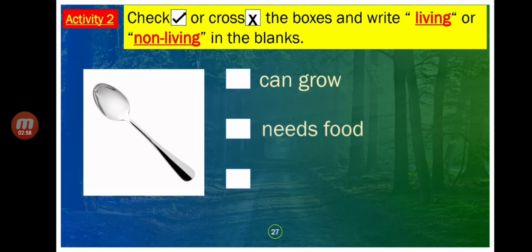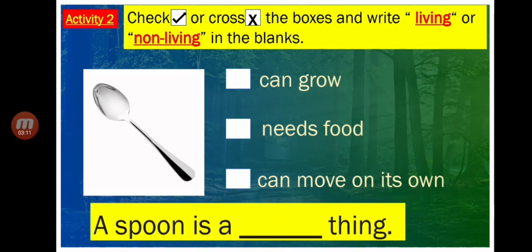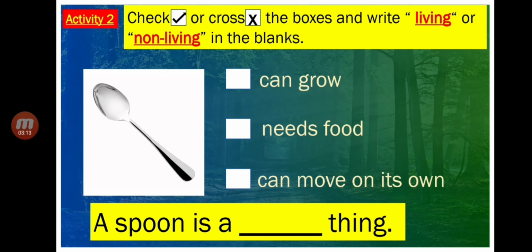And next, spoon needs food, check or cross. And spoon can move on its own, check or cross. And a spoon is a blank thing. Again, a spoon is a blank thing. What is that? Living or non-living? Answer by your own.